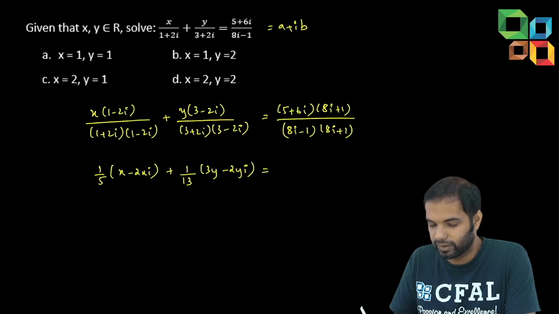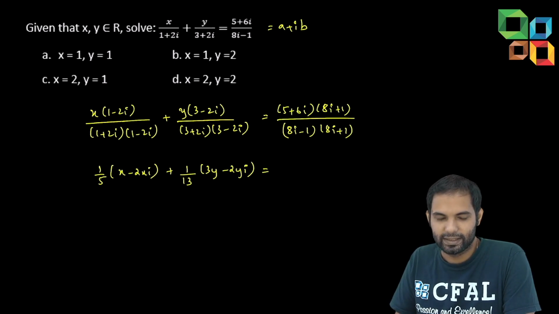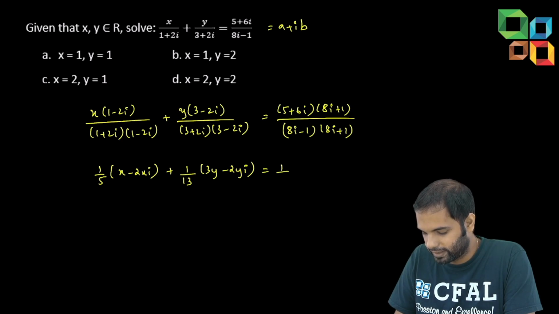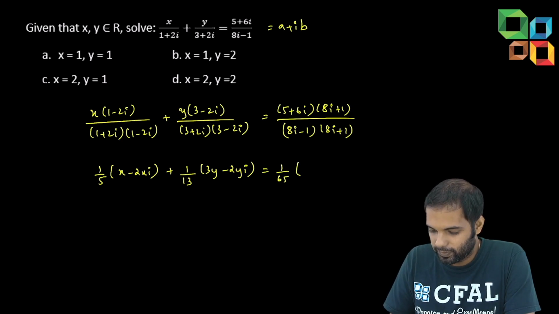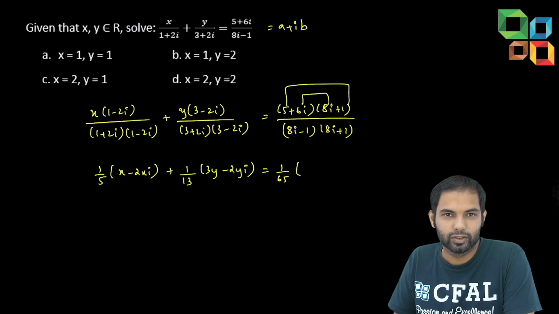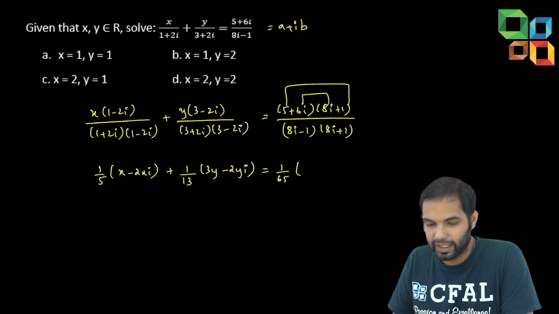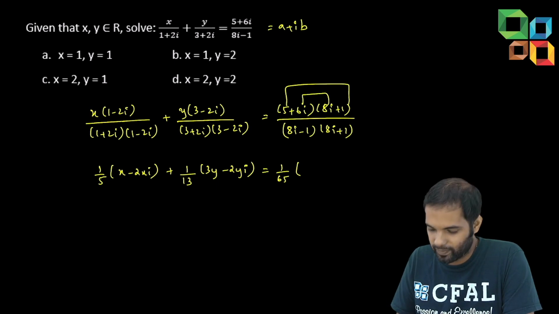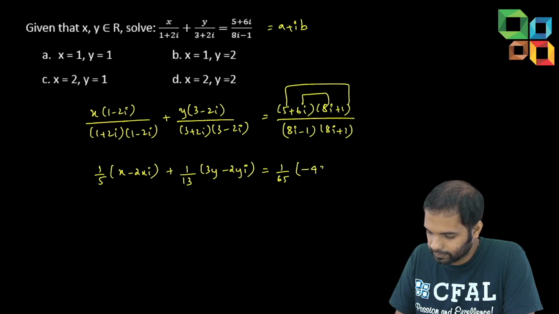This is equal to, on the other side, 8 square is 64 plus 1 is 65. 65 into, now real part is 5 into 1 plus this into this. So it's minus 48 plus 5, or minus 43. Imaginary part, 6 into 1, 6 plus 40, 46, right?